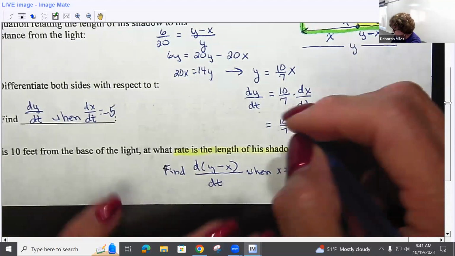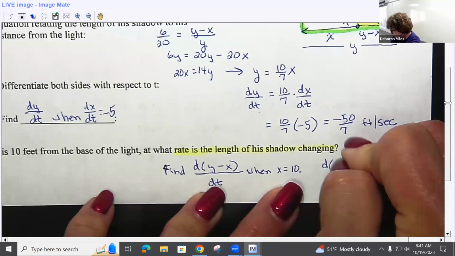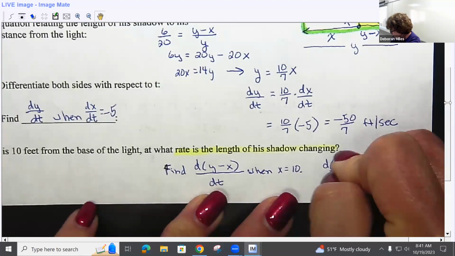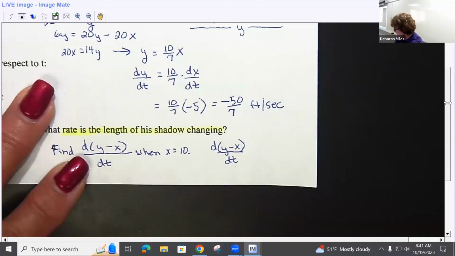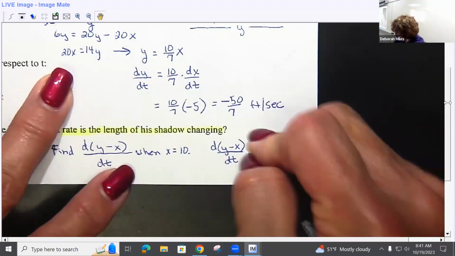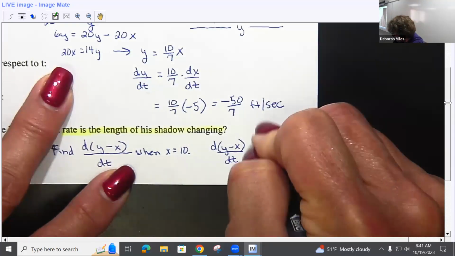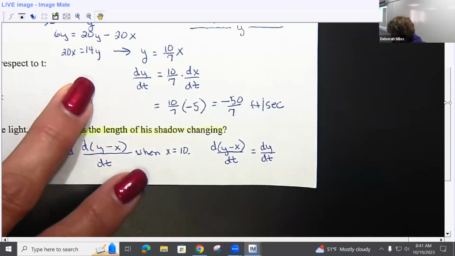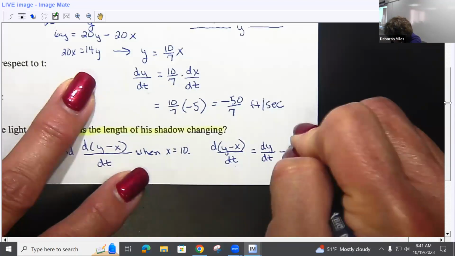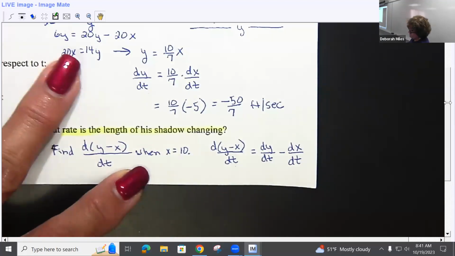Can you take derivatives term by term? Yes. So how could I find d of y minus x? Sure. dy with respect to t minus dx with respect to t.